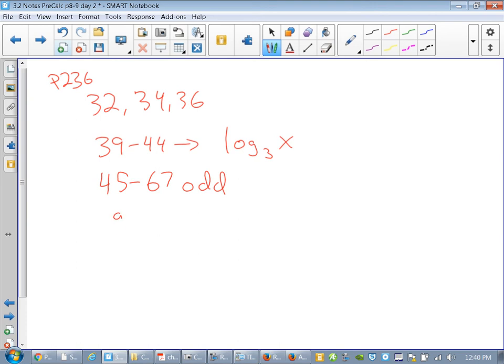And I want you to graph 73 and 74. Okay? Yeah, just do the odds on those. Then we can check to see if you got it right. It's just rewriting, really. Those will take you a couple minutes.